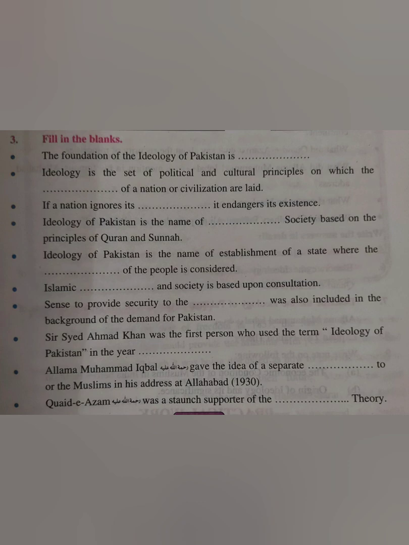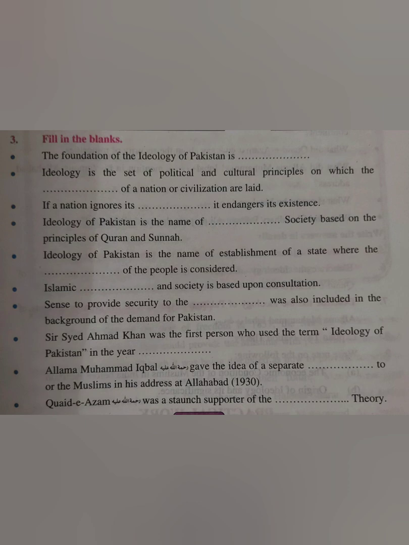Sir Syed Ahmad Khan was the first person who used the term ideology of Pakistan in the year 1867. Allama Muhammad Iqbal gave the idea of a separate state to all the Muslims in his address at Allahabad in 1930. Quaid-e-Azam Rahmatullah Alayh was a staunch supporter of the two-nation theory.